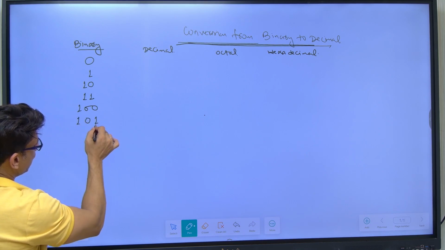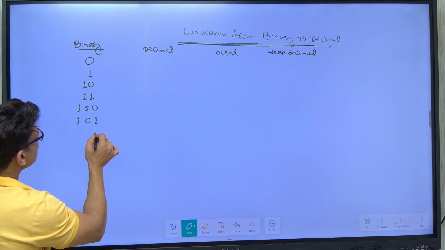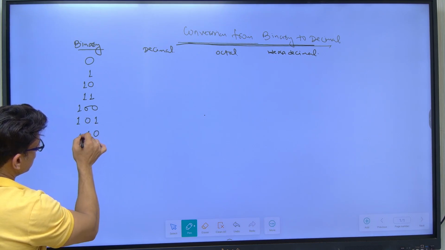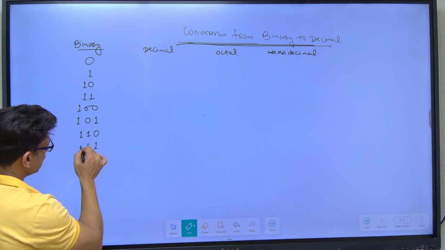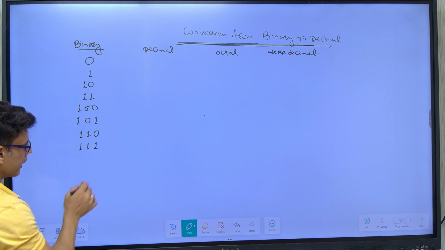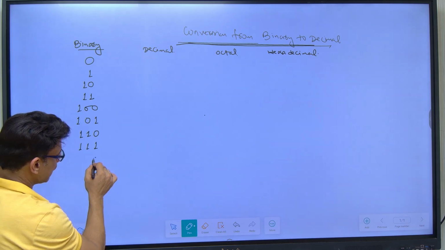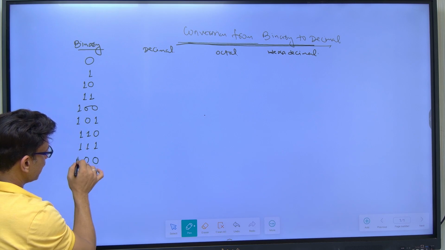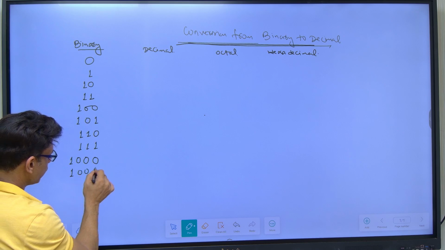And again, adding 1 to this, 1 plus 1 is 2, but we won't write 2, we write 0 and 1 carry forward, so it is 110. Then again adding 1 to this, so 111. Then again add 1 to this: 1 plus 1 is 2, so we write 0, 1 carry forward, and so on, and then you have 1000, then 1001.